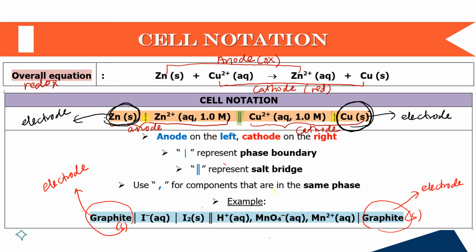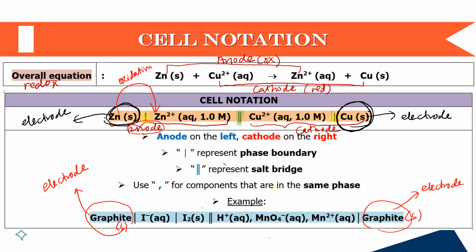Another thing that I want you to see is that from the cell notation, you can actually see the chemical reaction that occurs. At the anode, you know the chemical reaction that occurs is oxidation. So it's from zinc solid over here to zinc 2+, oxidation.